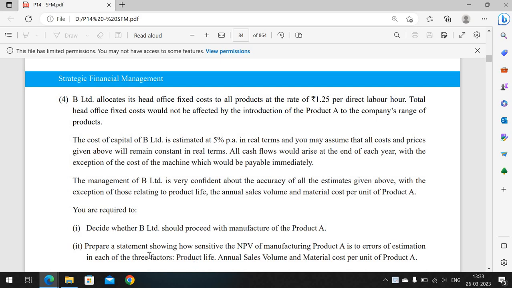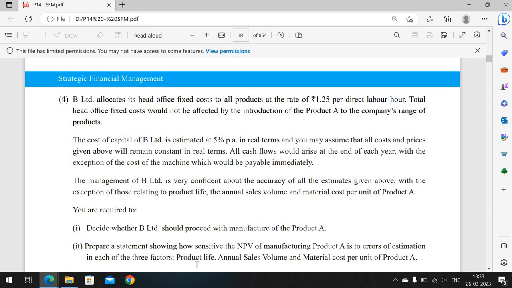Then prepare a statement showing how sensitive the NPV of manufacturing product A is to errors of estimation in each of the three factors: product life, annual sales volume, and material cost per unit of product A. Here we are going to analyze sensitivity, how sensitive the project is if the product life alone is changing.